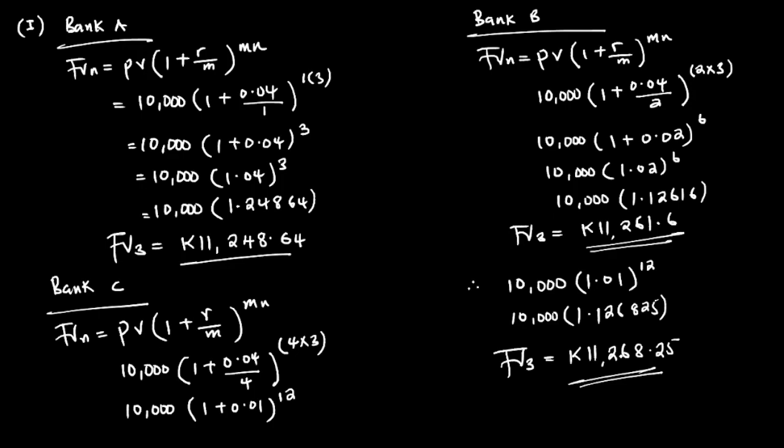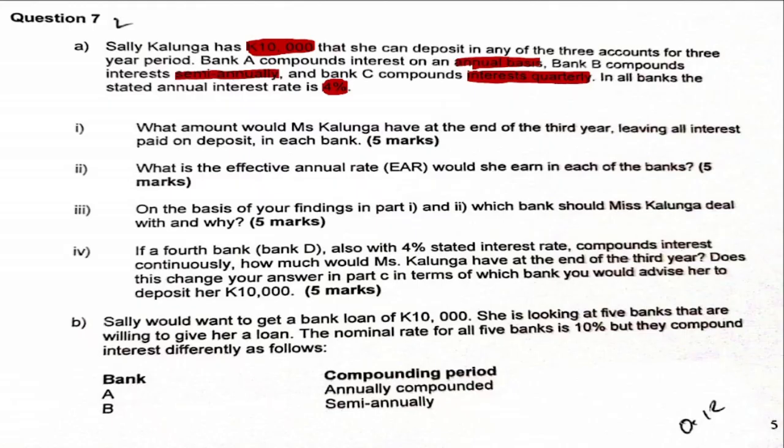Okay, let's go to question number A2. The question says, what is the effective annual rate she could earn in each of the banks?